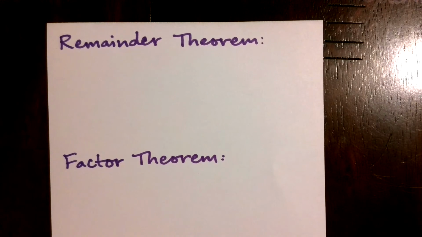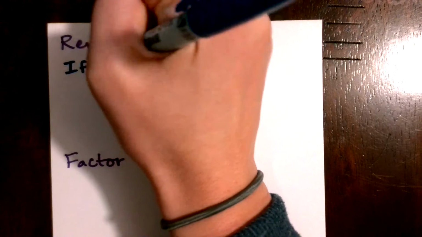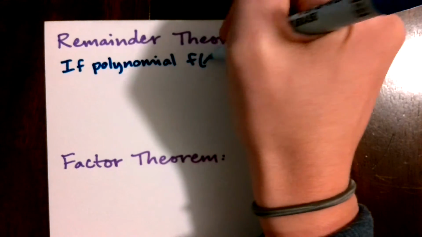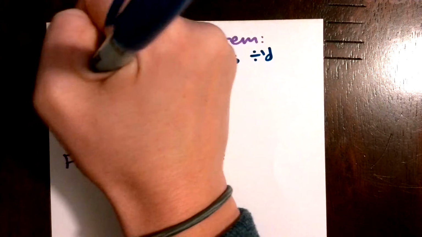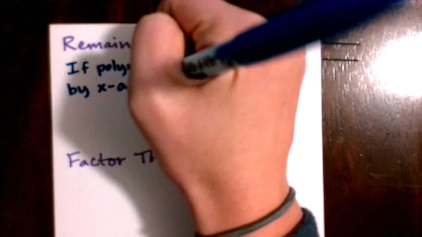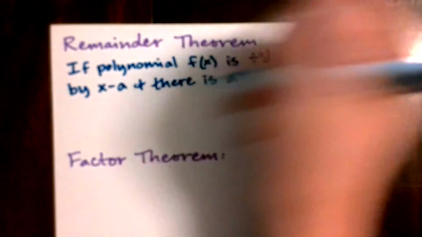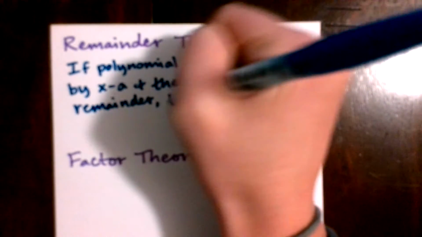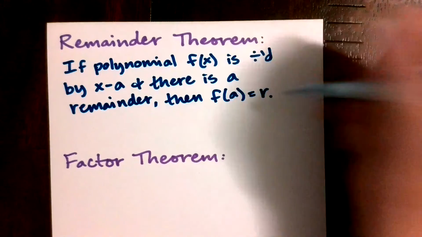The first one is the remainder theorem, and that tells us if we've got a polynomial f of x that is divided by some factor, we'll call it x minus a, and there's a remainder, then f of a equals that remainder, or vice versa.